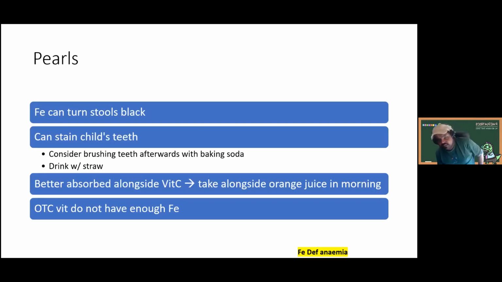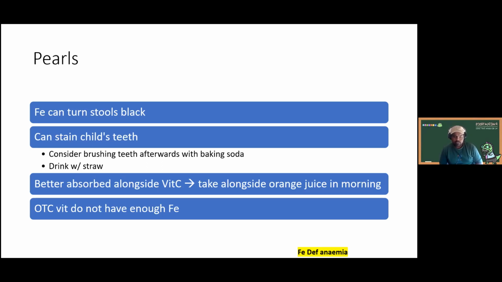So in terms of some pearls that I thought were really important when I was going through, the first thing is if this is a consent station or if you're speaking to a parent of a child who is going to get iron supplements, iron can turn the stools black and it can also stain the child's teeth. So the main advice you can give to these families is consider brushing the teeth straight afterwards with something like baking soda, and also drinking the per-oral solution with a straw to avoid that staining.